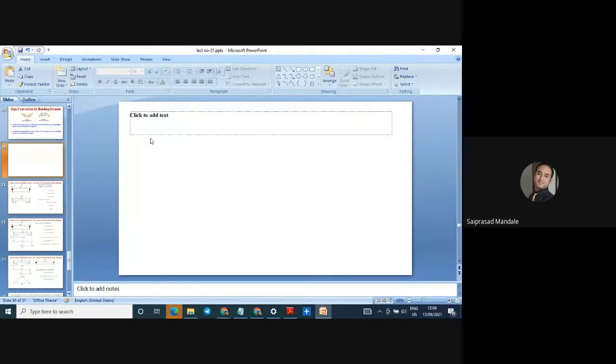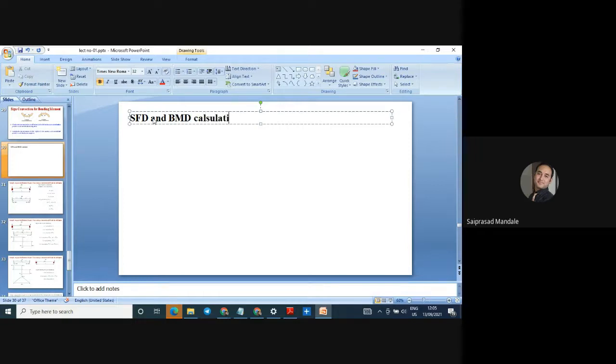Now, here we are just starting with the basics of numerical. But whenever we are calculating SFD and BMD, there is a very important point: the SFD and BMD calculation steps.